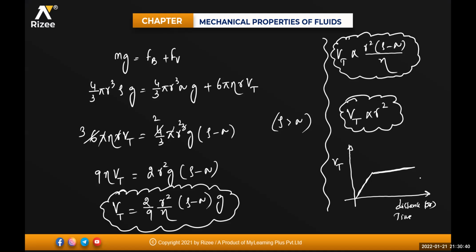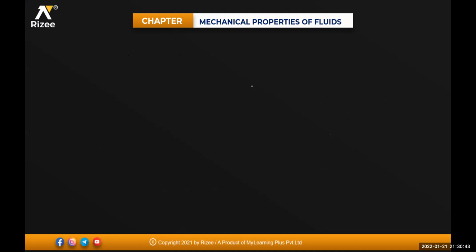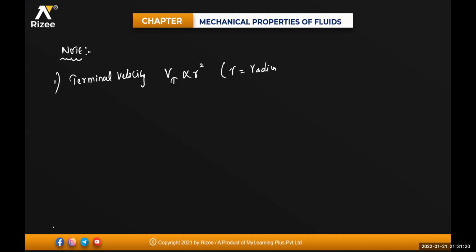Now this is something very important for your competitive examinations. Note. First one: terminal velocity Vt is directly proportional to r square, where r is the radius.